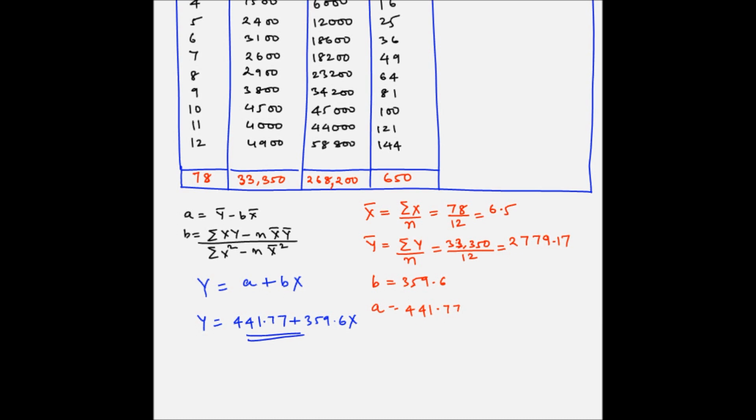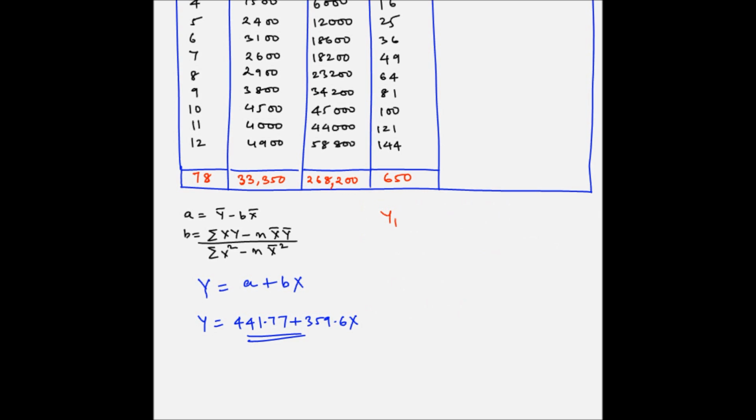Now, as per the example, we have to find the value of sales for the 13th, 14th, 15th and 16th quarter. So in place of x, we'll put the values of 13, 14, 15 and 16, and we can find out the corresponding values of y. So let us do that.